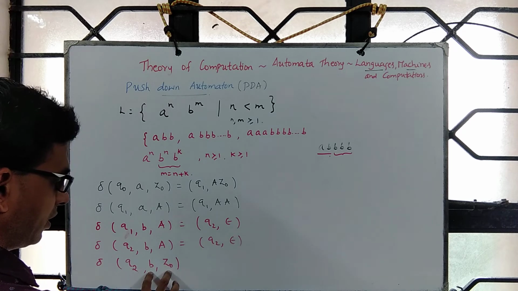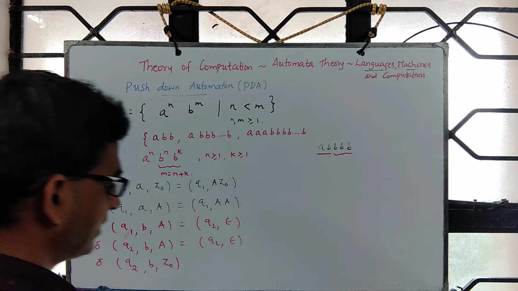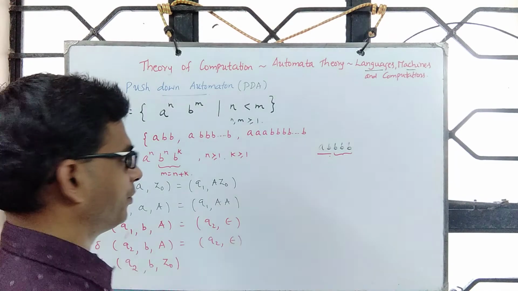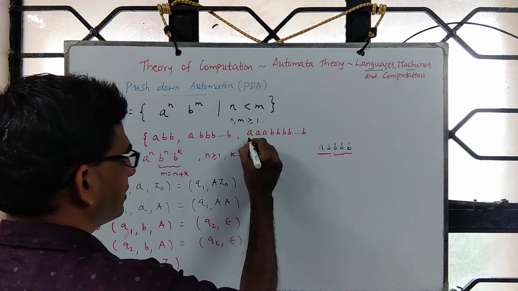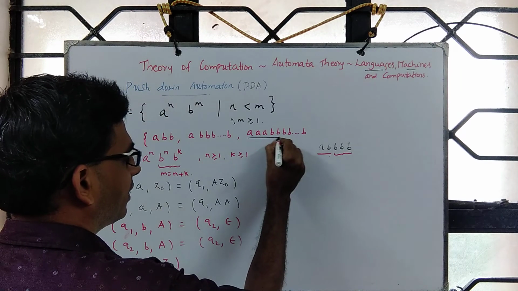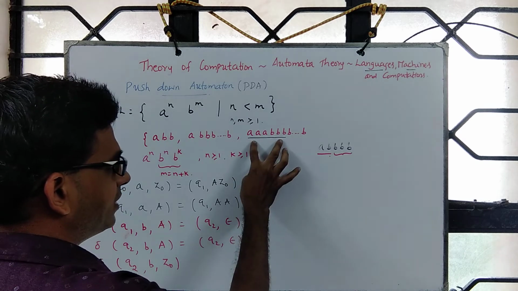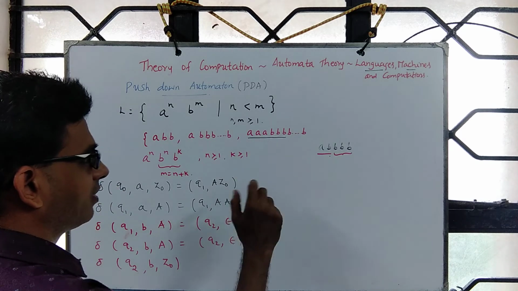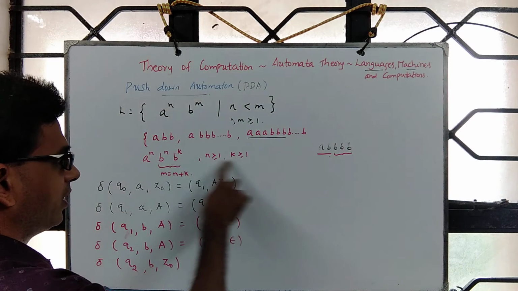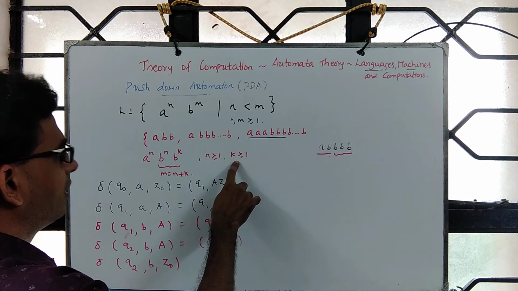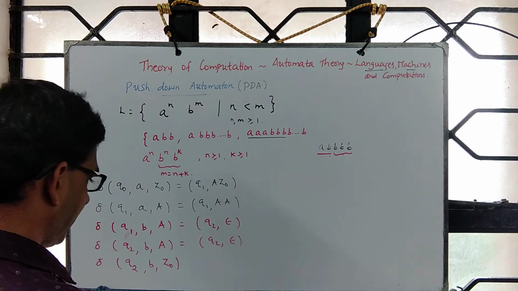The top symbol is z0, which means a power n, b power n, such a substring we have seen in the given input. So when we come to this configuration, which means we have read until this part, a power n, b power n substring in the given string is read. Now I am reading a b, which is one more as per our specification, which means it satisfies this as well. So we say accept.